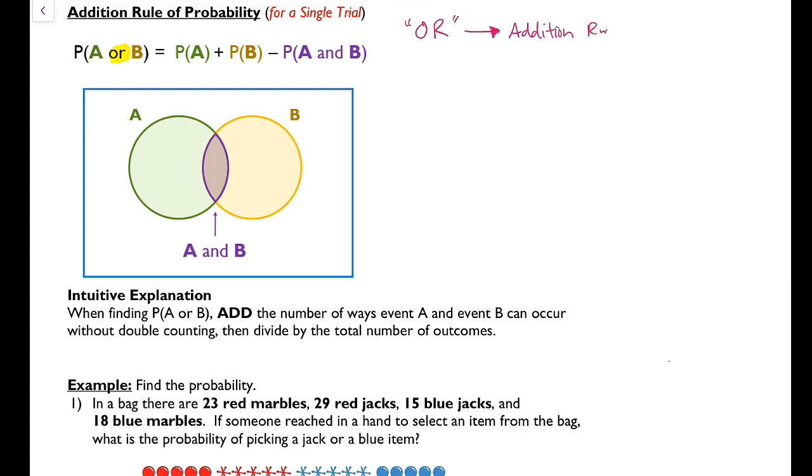In the next section, you're going to be learning about the multiplication rule. And the multiplication rule applies to AND probabilities, again, for multiple trials. It's got to be multiple trials as well. Whenever you have that situation, an AND probability with multiple trials, you're going to be using the multiplication rule for a probability. All right. So again, more on that in the next video.